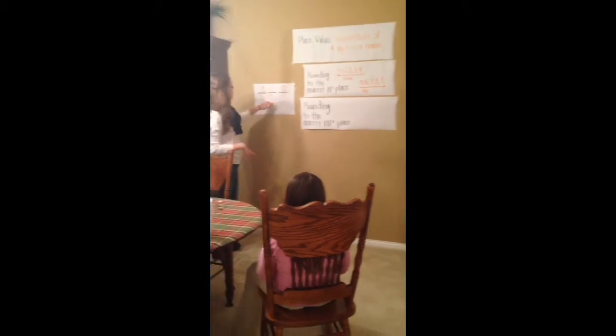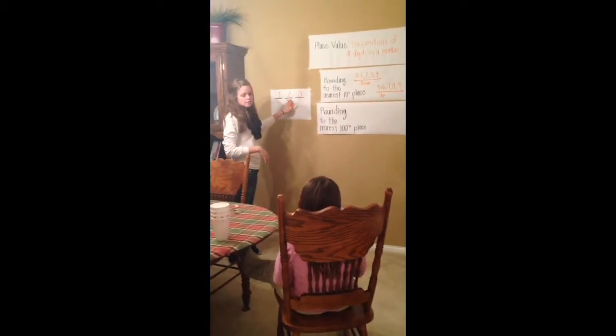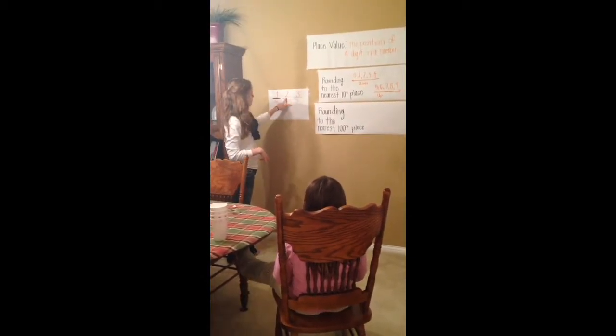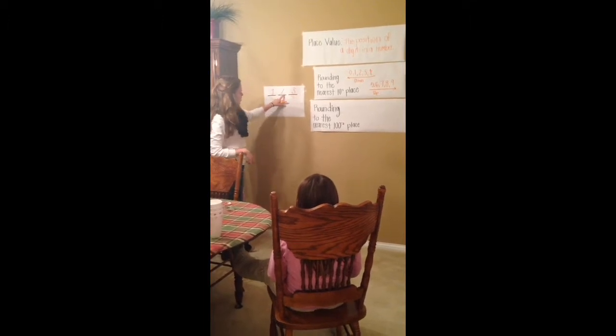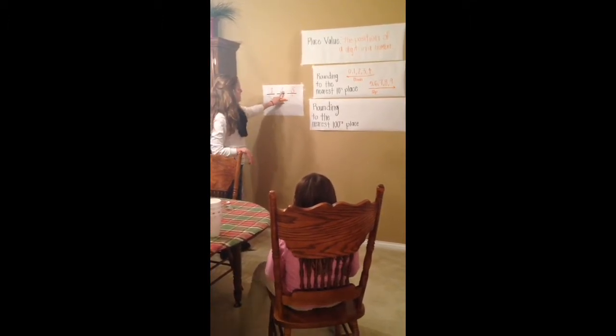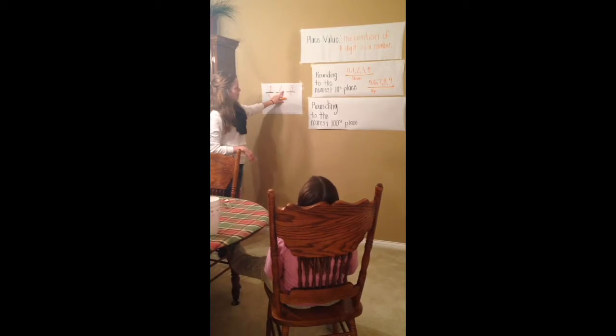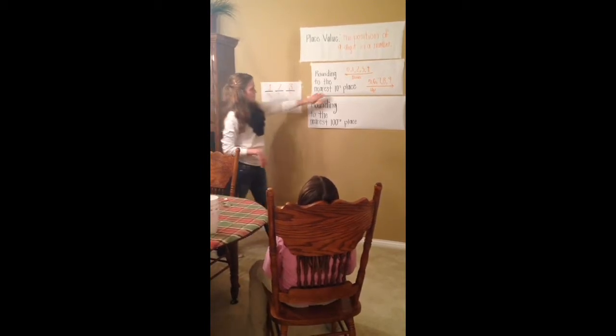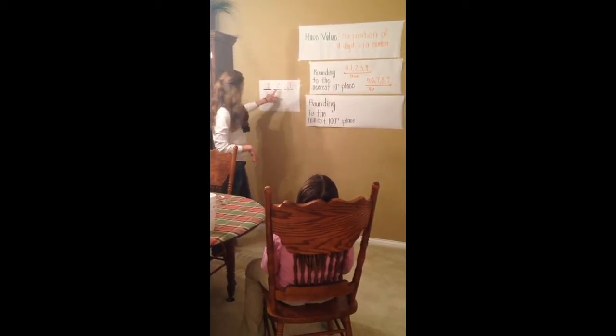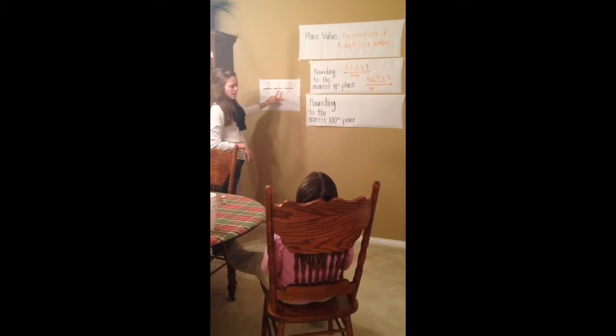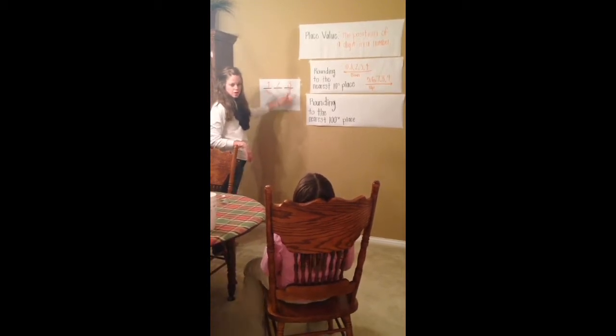So if we have 123, and we're focusing on rounding to the nearest tens place, which means we have 23, we look to the ones place to see if we go up or down. Do we round 23 down to 20 or up to 30?